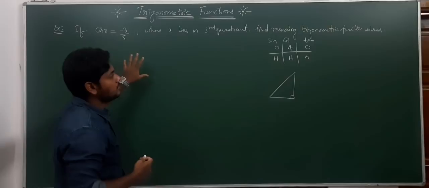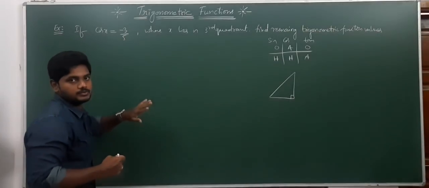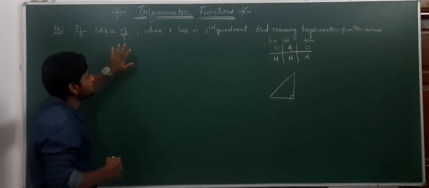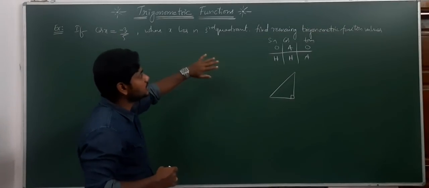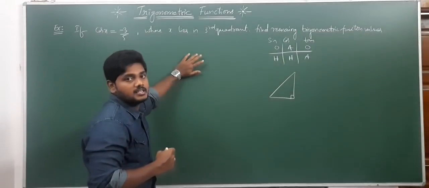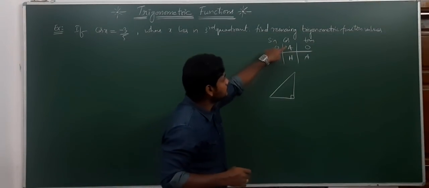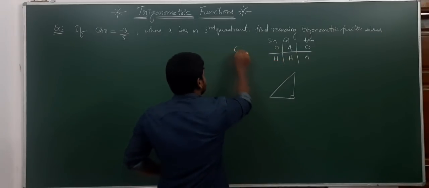Now cos is given as minus 3 by 5. Forget about minus for now, last we will include it. Cos means adjacent by hypotenuse.